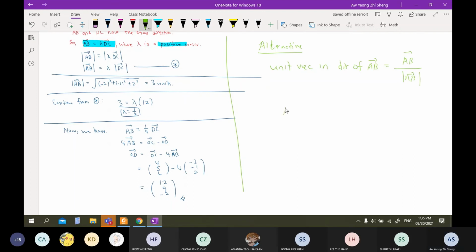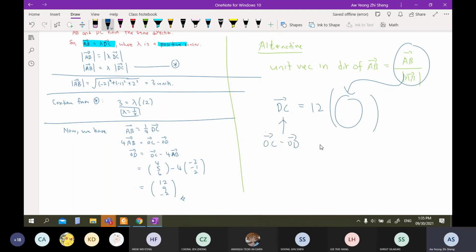And then the vector of DC will be 12 multiplied by this thing here. Just bring it down here. Then you can replace DC by OC minus OD, and you just solve further. Eventually, you will still get OD as the same answer. This time I'm just showing you a different way of presentation.